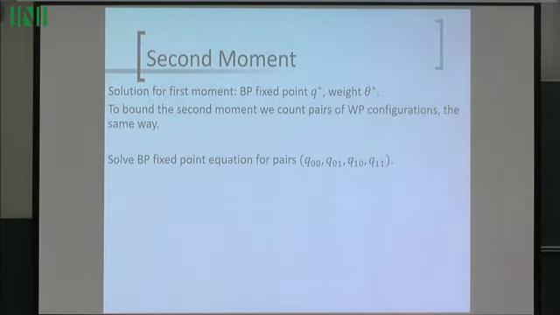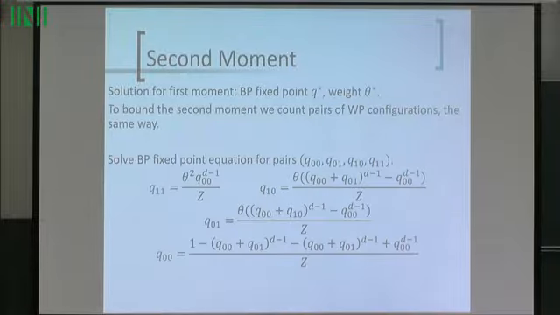And so now, if we're looking at pairs of these configurations, that means each edge has a pair of either zeros or ones. So it's either 0,0, 0,1, 1,0, or 1,1. So the BP fixed points will be in terms of a distribution over those four values.